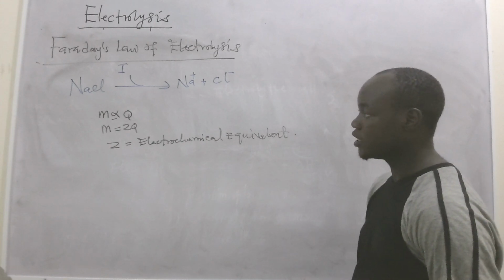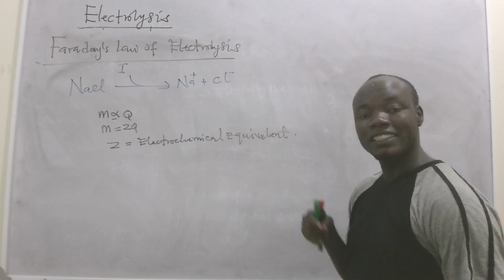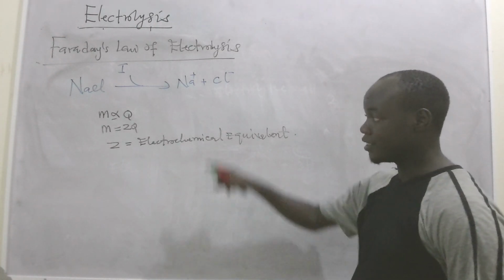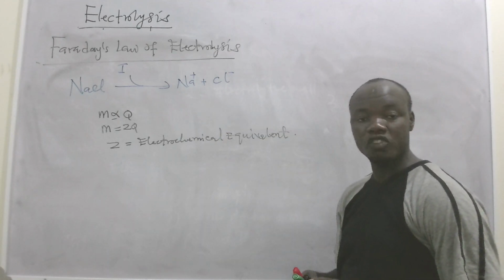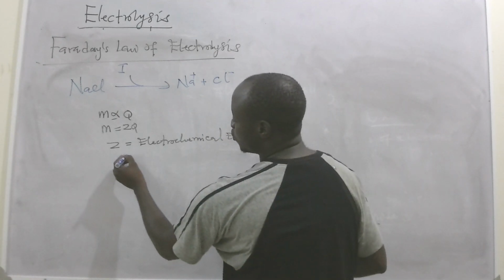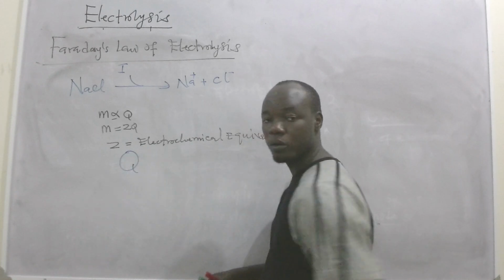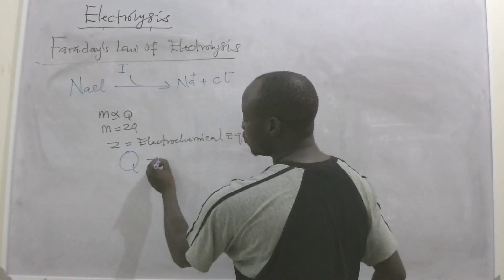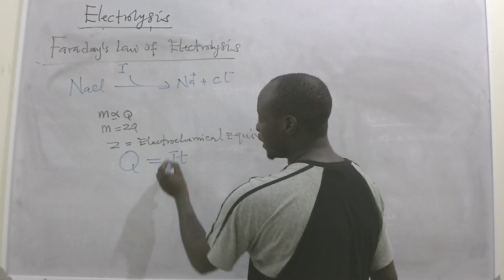So during electrolysis, the mass of an element discharged is directly proportional to the quantity of electricity applied. And we know that the quantity of electricity is stands for Q, which is equal to IT.